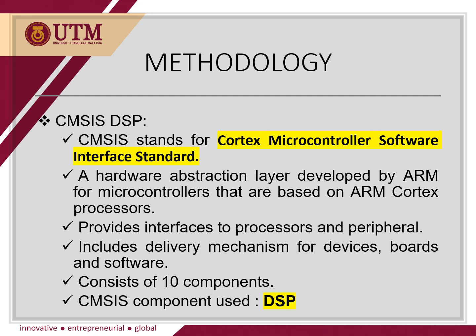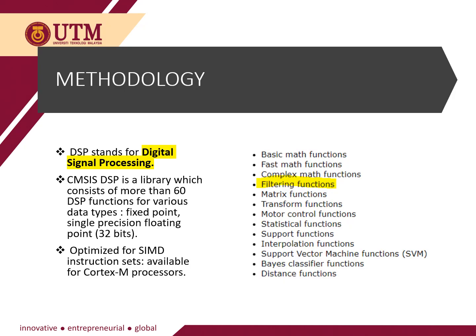It consists of 10 components. The component that we are using is DSP. What does DSP stand for? DSP stands for Digital Signal Processing. The DSP library consists of more than 60 DSP functions for various data types.